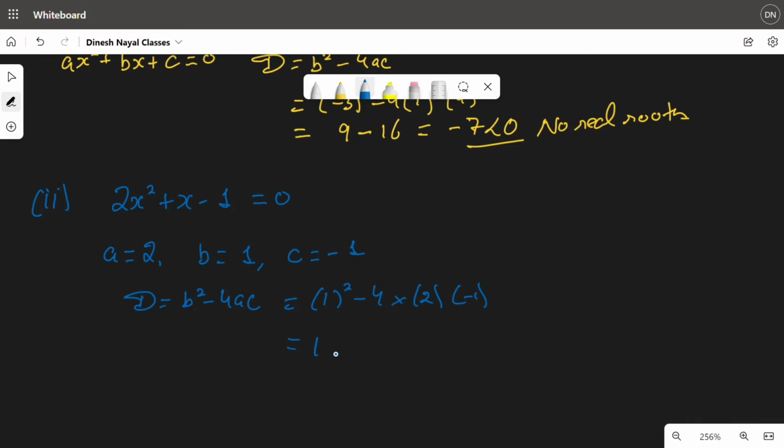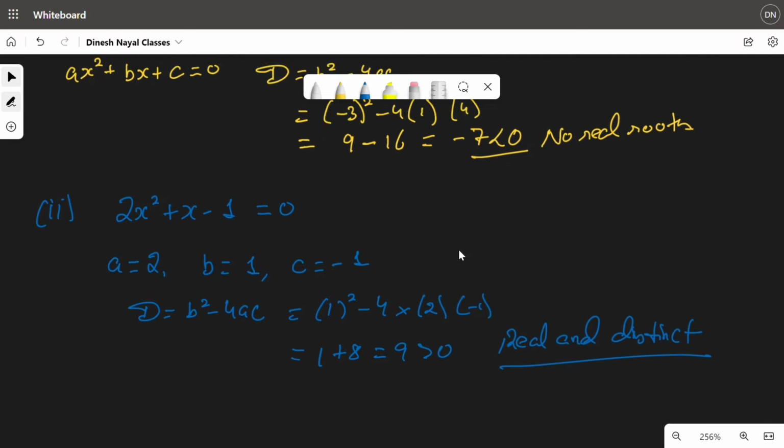So 1 plus 8 equals 9, which is greater than 0. So hence discriminant is greater than 0, hence it has two distinct real roots. So the roots are real and distinct.